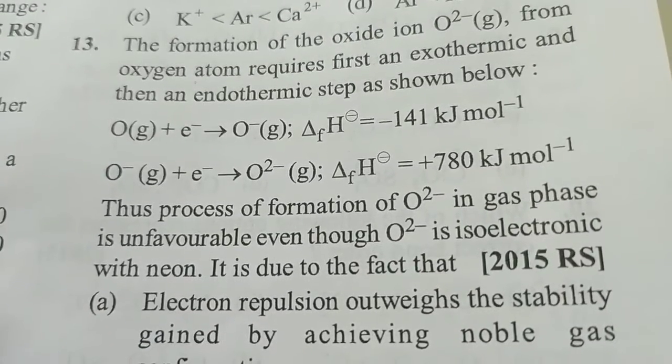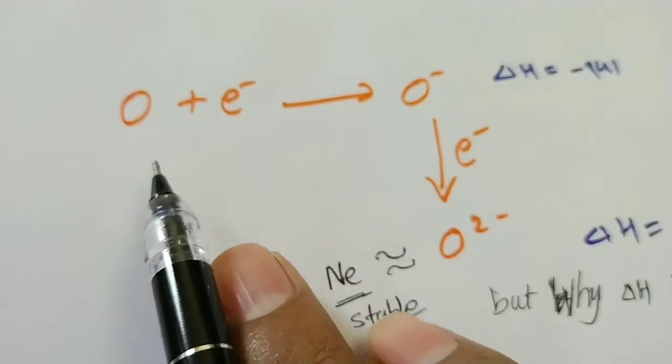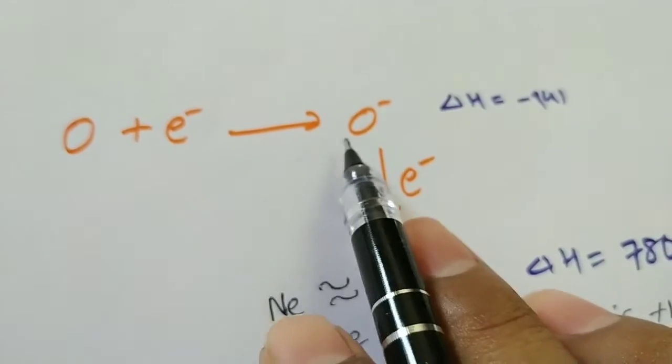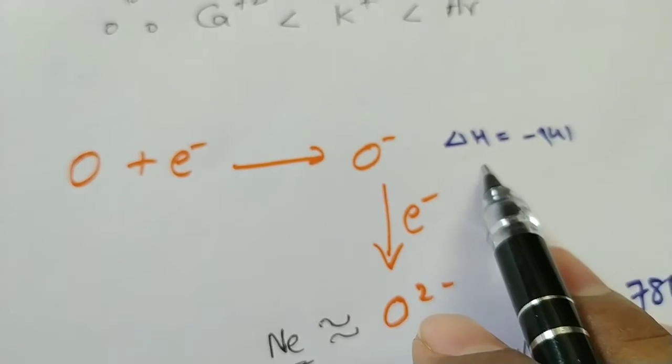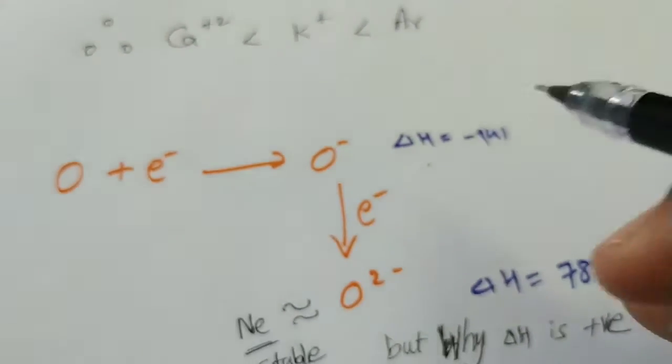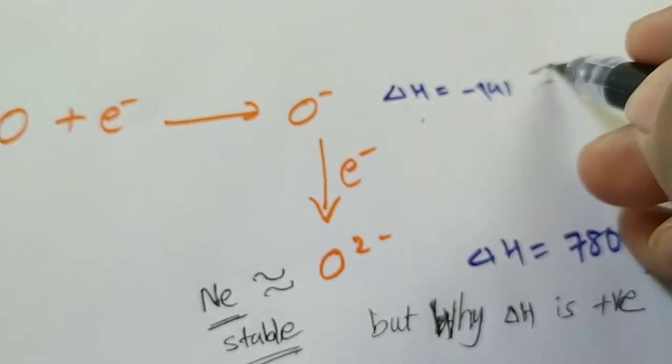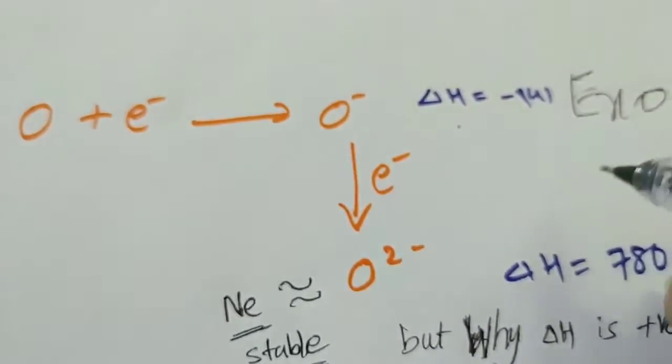You understood this question? See here. When oxygen takes an electron and forms O minus, energy is released. This is the exothermic reaction.